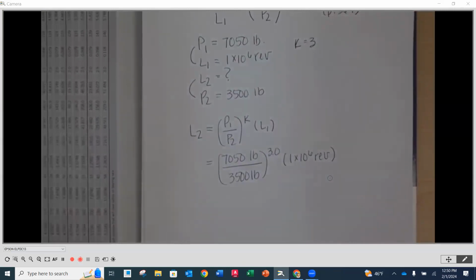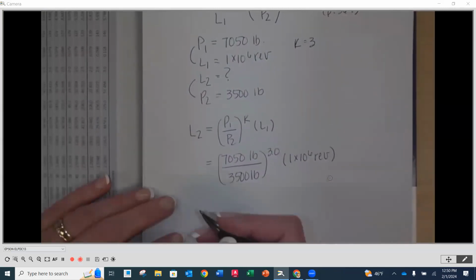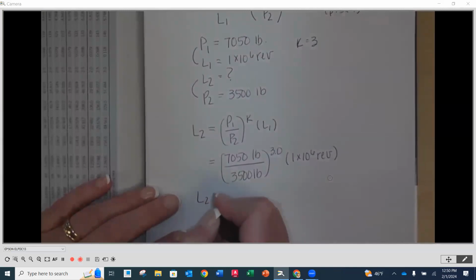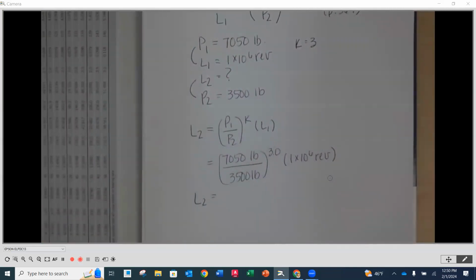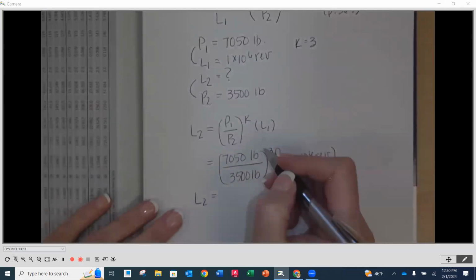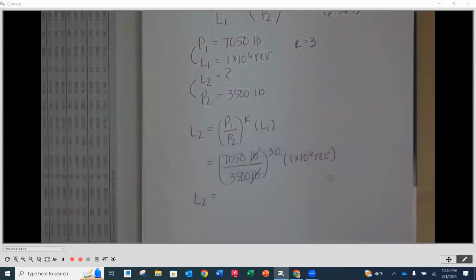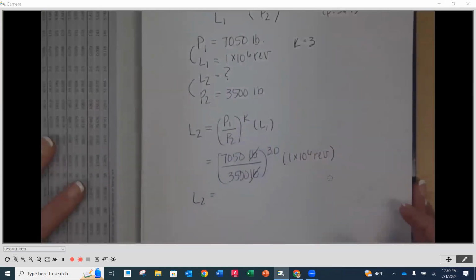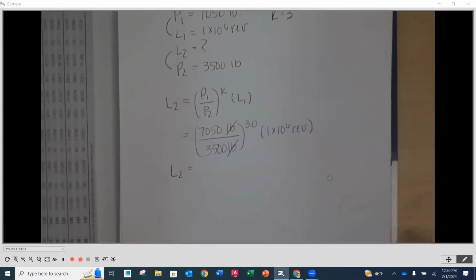I'm going to have to rely on you guys. That's okay. So get your calculators out. Let me know what you get. Don't forget to take the P1 over P2 to the 3rd power before you multiply by 1 million. And then our pounds cancel out. We're left with revolutions, which makes sense for the life that we're expecting.